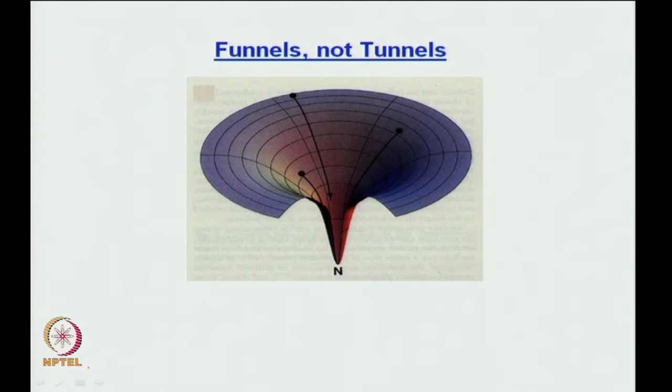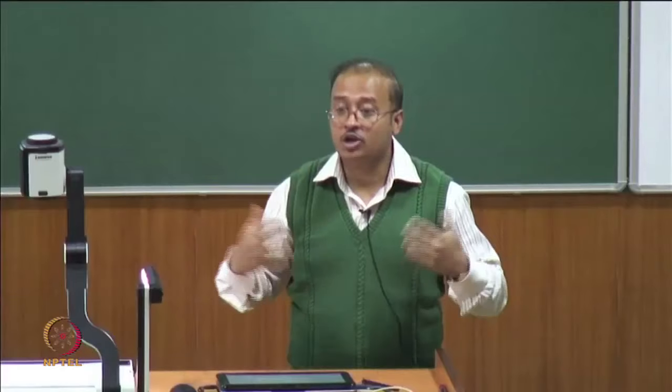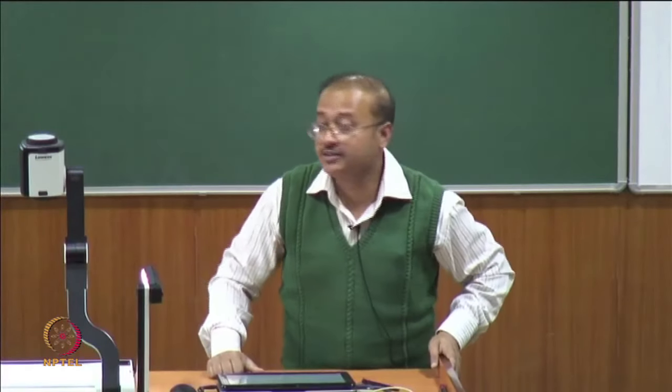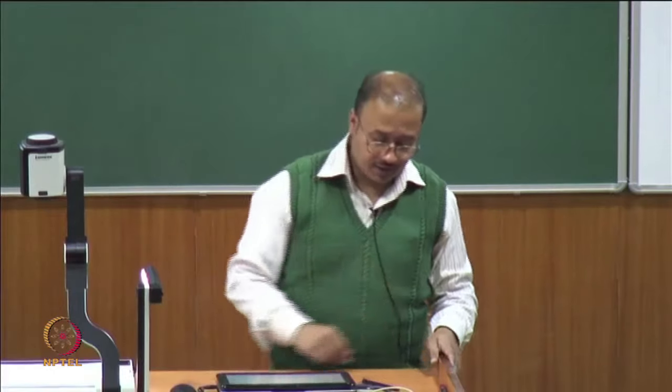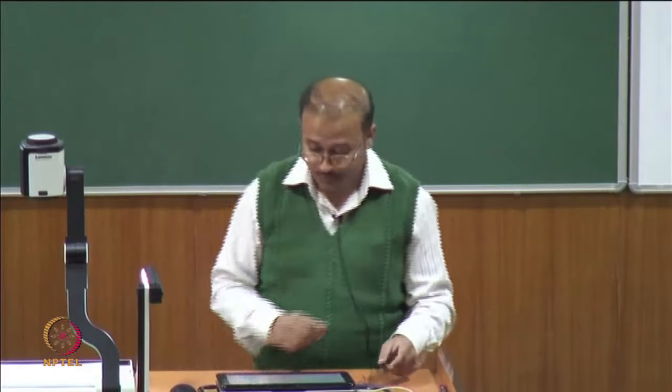It possibly would look something like this. That means it does not matter where the protein starts from. This is your configuration space, and any given configuration, starting from any point on the landscape, can go to the native state. Okay. This is possibly a logical funnel or a logical energy landscape, right. So, we will start from here again tomorrow.